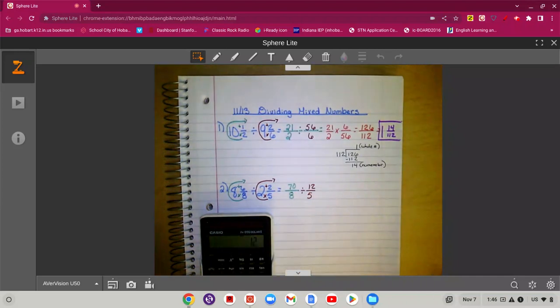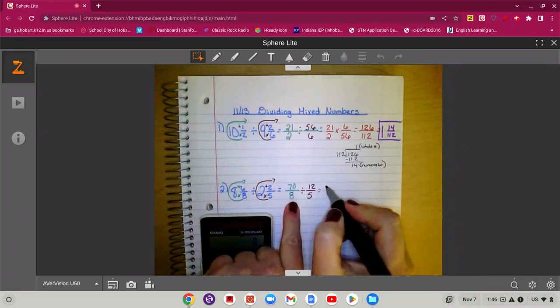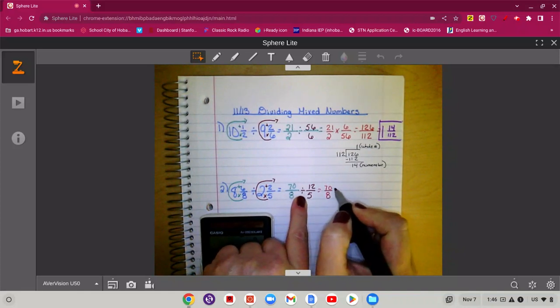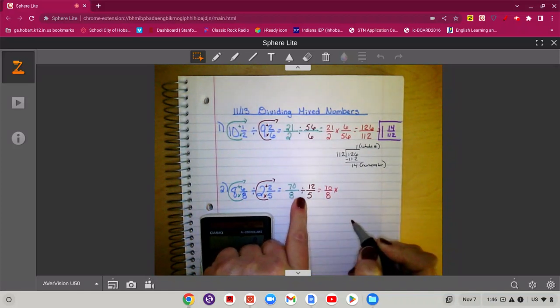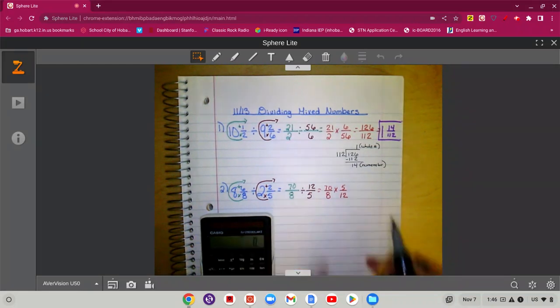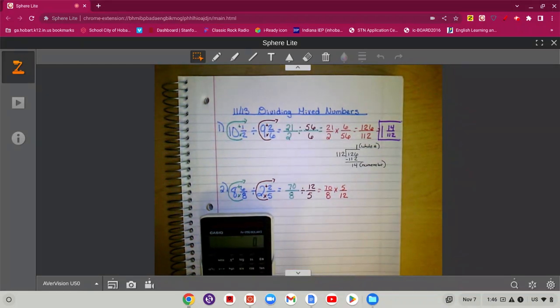Denominator stays the same. Then we do our keep, switch, flip. Keep your first fraction. Switch the sign. Flip the second fraction. So we'd have 70 over 8 times 5 over 12.